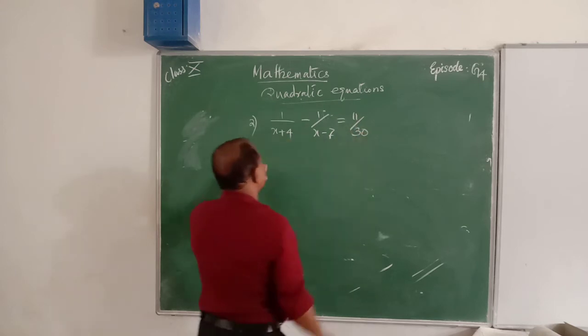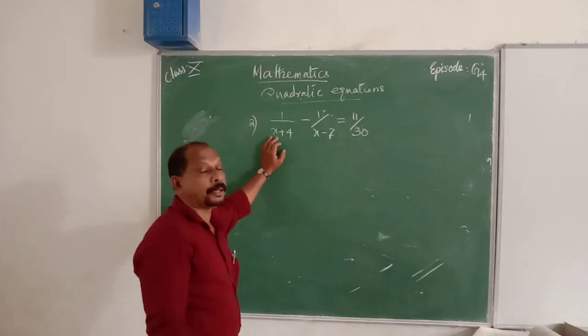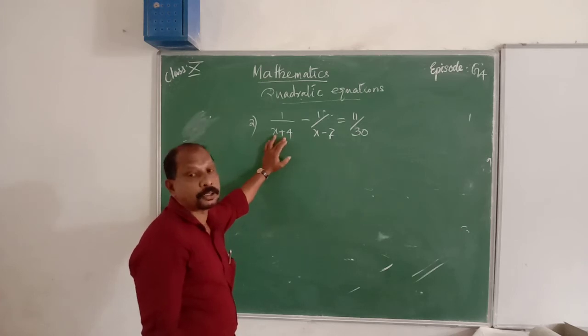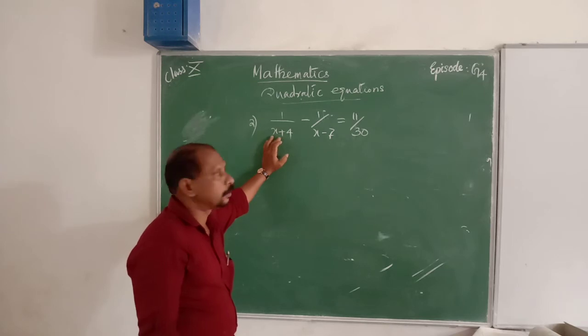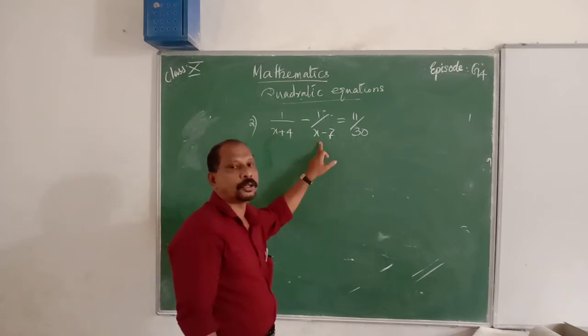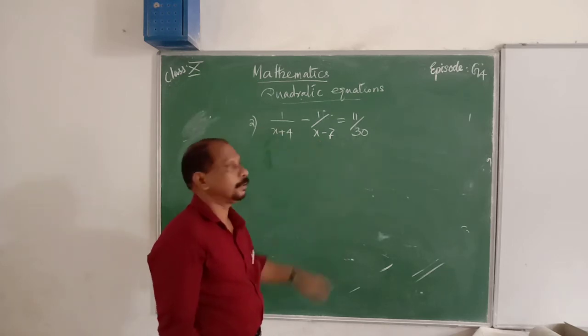That means x is not equal to minus 4, because then the denominator is 0. Denominator of a fraction is 0, it is not defined. Similarly, x is not equal to 7. That is the condition.